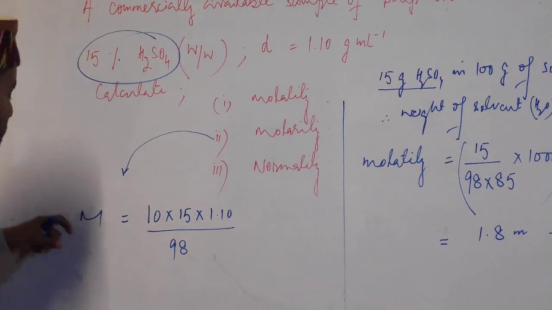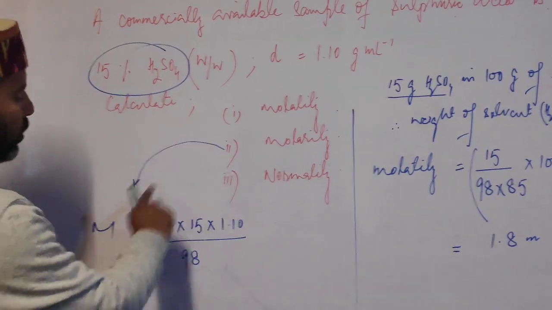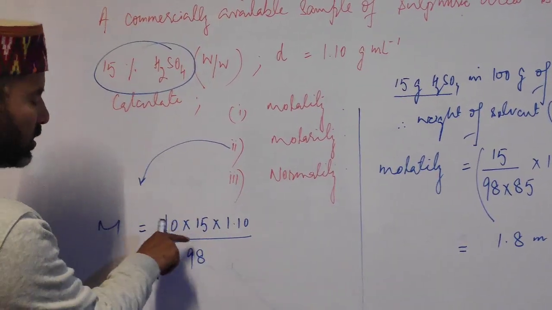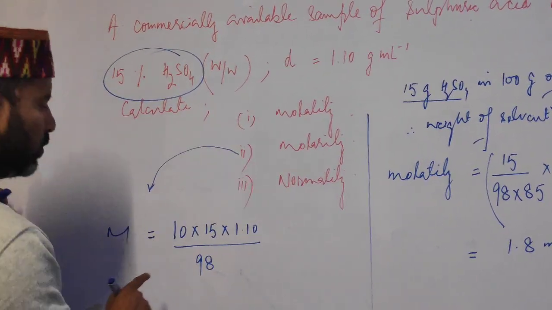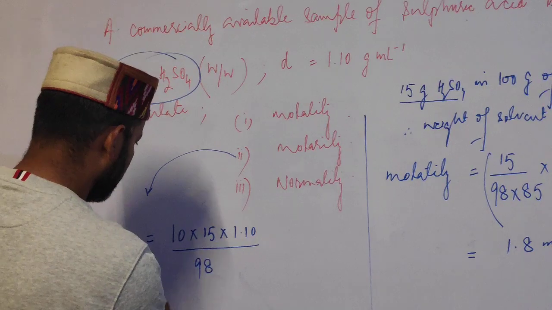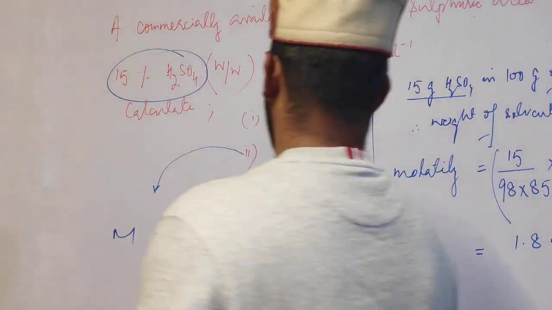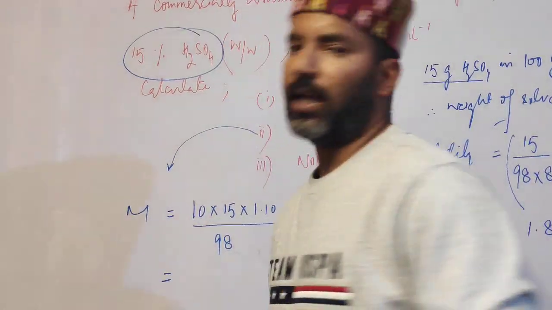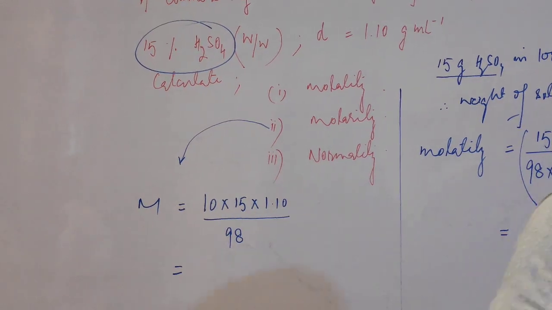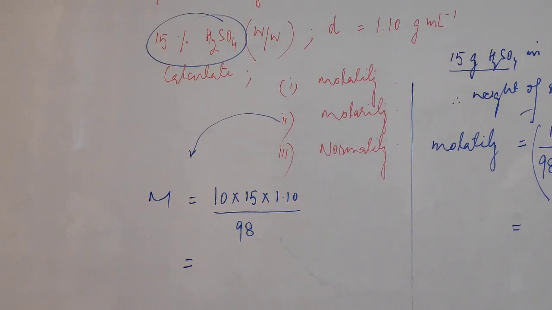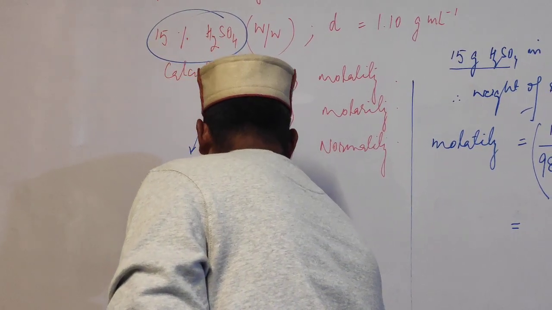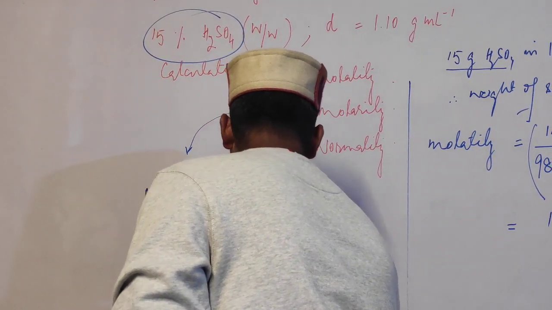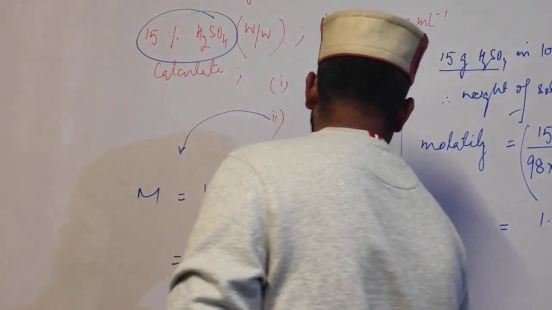So we can actually use the relationship between molarity and weight percentage. This is the relation which we have discussed earlier also. So we solve this, and molarity of the solution is found to be 1.68, that means moles per liter. So this is our second result.